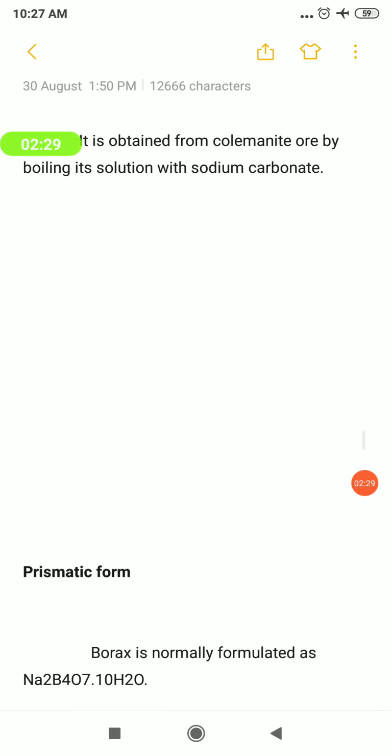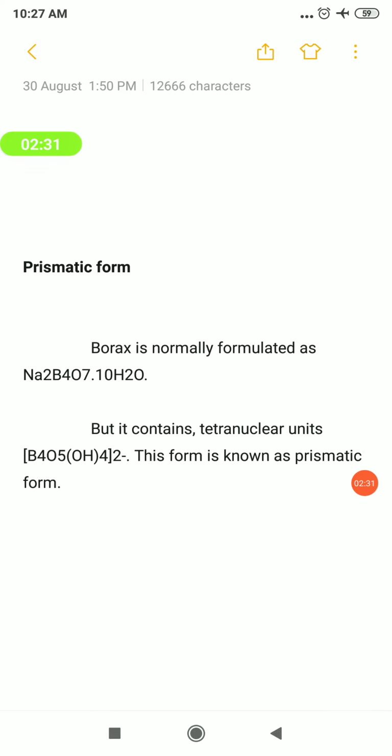Then prismatic form. These borax molecules always exist in the form of a prism. Its formula we know, Na2B4O7 10H2O, but it contains tetranuclear units. The unit of this borax molecule is [B4O5(OH)4]2-. So it is made up of which unit? [B4O5(OH)4]2-, and this form is called the prismatic form.